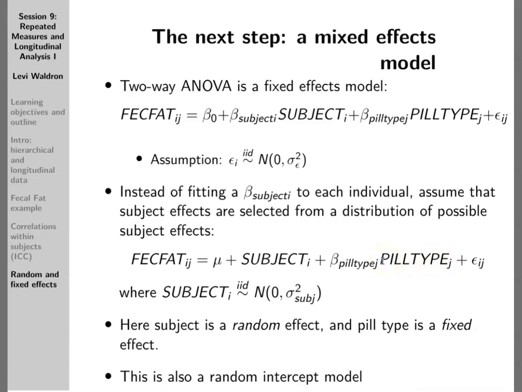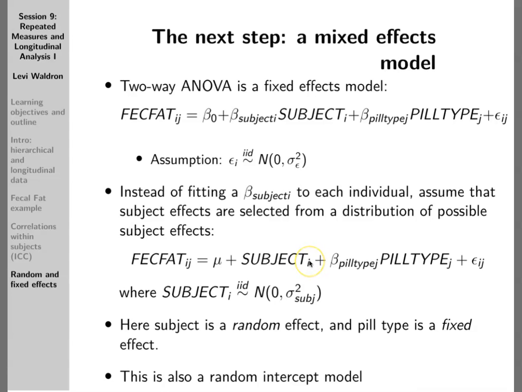We assume that in the population, say, taking a capsule instead of the placebo has some fixed change in fecal fat excreted on everyone, or at least on everyone that has the same set of covariates. We could have an interaction term or something, but this effect is assumed in the population not to be random. Whereas this subject effect now is assumed to be random in the population.